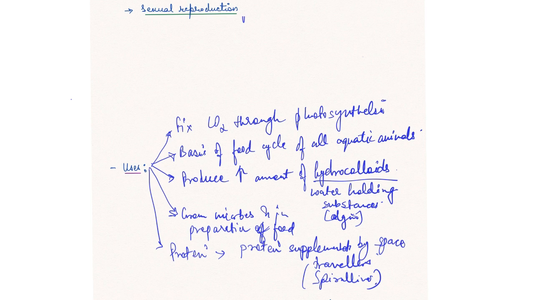People who take microbiology later in graduation or post graduation will do a lot of experiments where the medium you will use will be the algae derived medium. So they are used in growing microbes, and they are so rich in protein that they are used as protein supplements by space travelers.